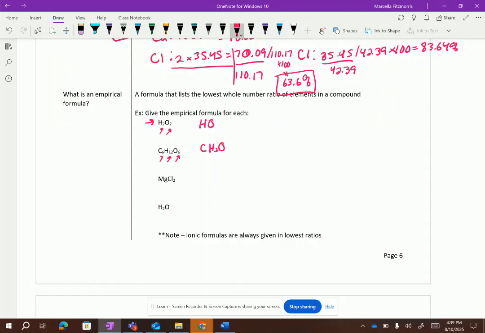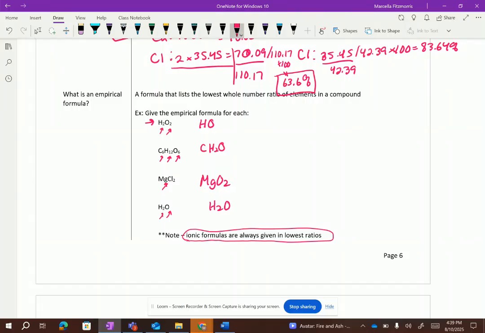MgCl2, well, it can't be divided by anything because you can't divide anything by 1 and get a whole number. So it's already in its simplest form. And the same here with H2O. Oxygen has a 1. We can't simplify 1, so it's already in simplest form. Note, ionic formulas are always going to be in the lowest ratios already.